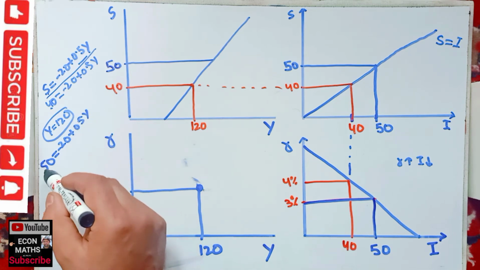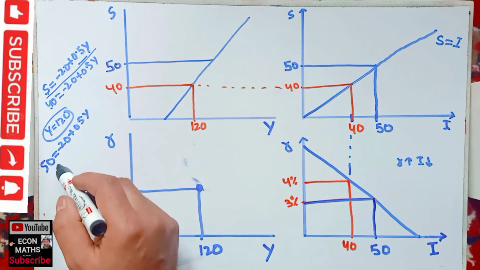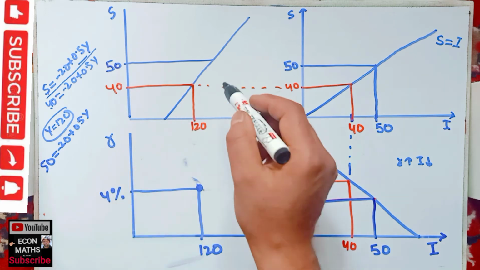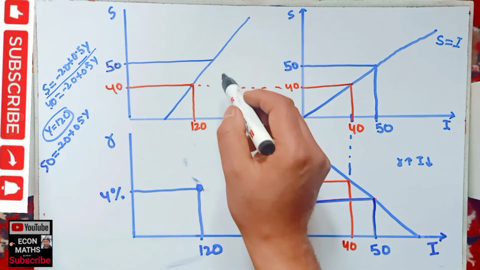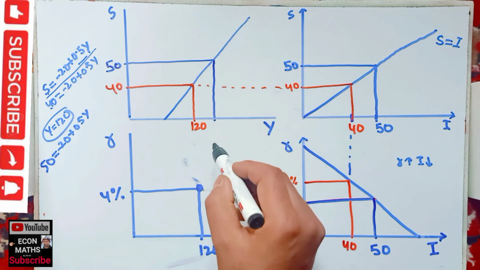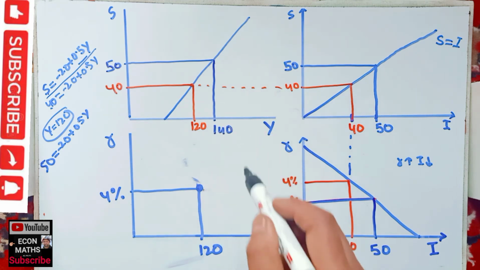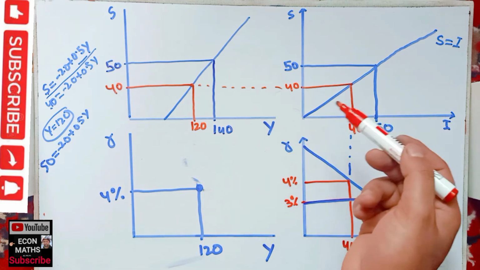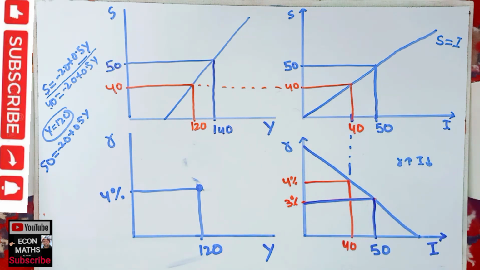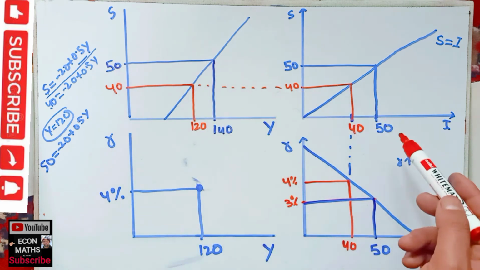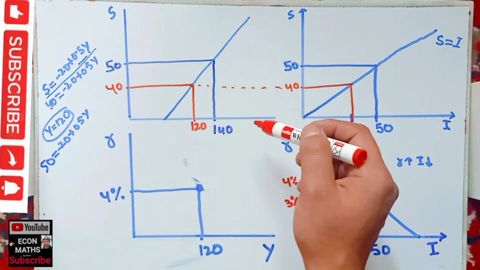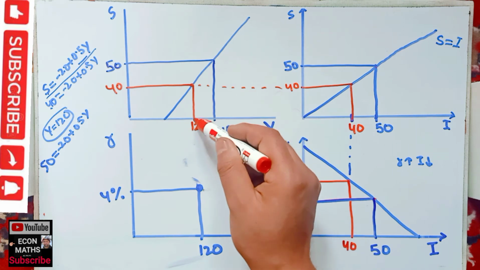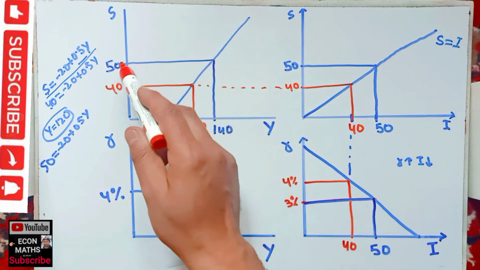When solving, this will be 50 plus 20 is 70, into 2 is 140. This implies to have a savings of 50, our income should be 140. Income level should be 140, to ensure we have sufficient savings to match the new level of investment. To get savings equal to 50 and investment equal to 50, our income should increase from 120 to 140.